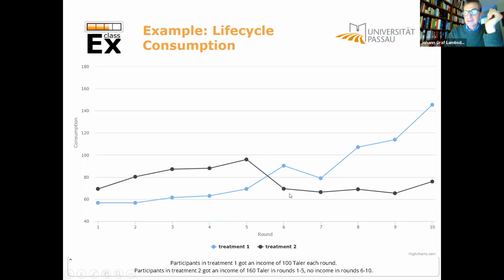So they suddenly see in round 6 their income is lower, so consumption goes down, in spite of the rational choice where they should completely smooth out these differences in income.